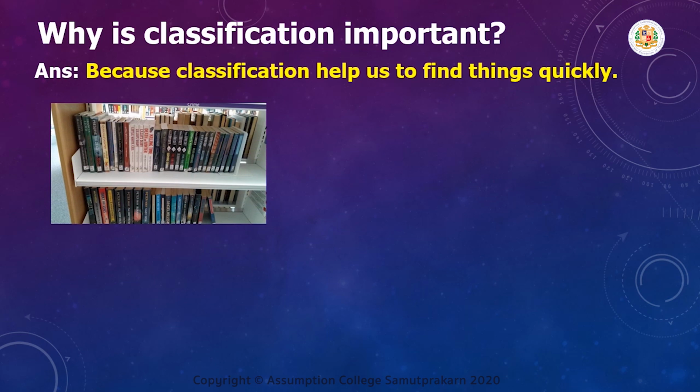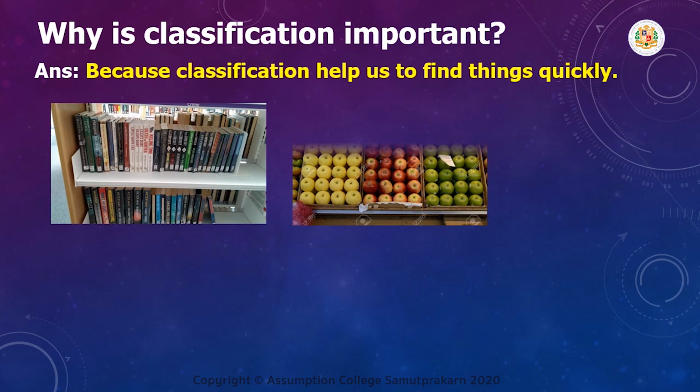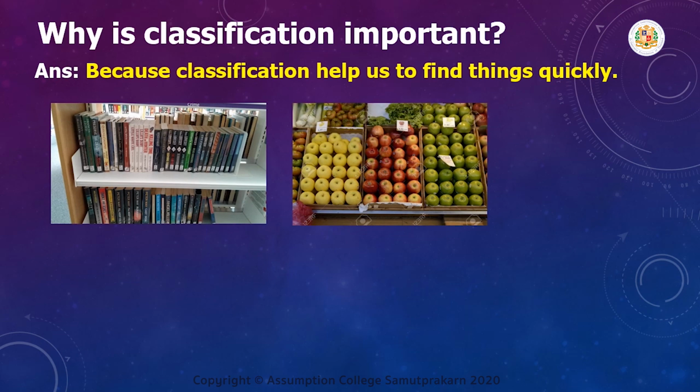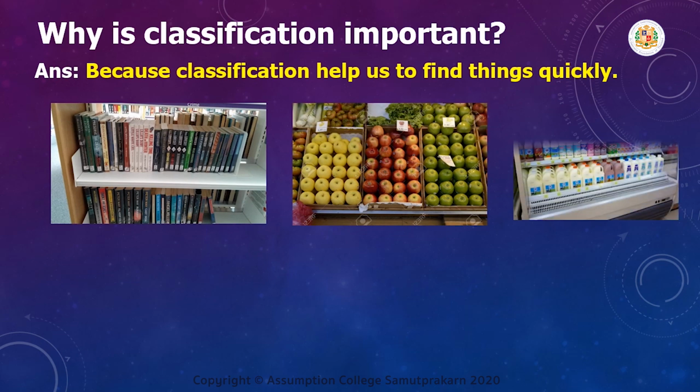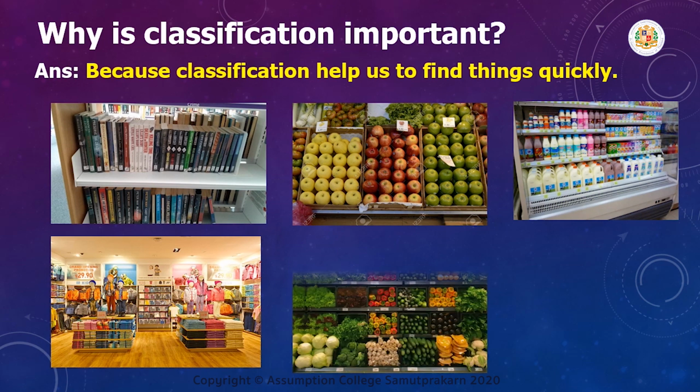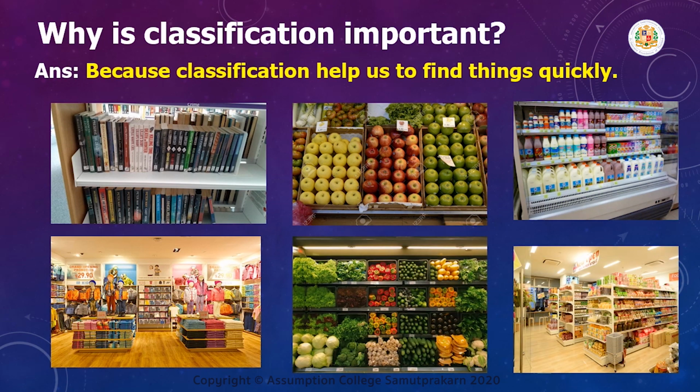For example, in a library, the librarian groups the books by the same subject. That helps us find a book quickly. When you go to the grocery store or the supermarket, you will see things arranged in groups that make it easy for us to find them quickly.